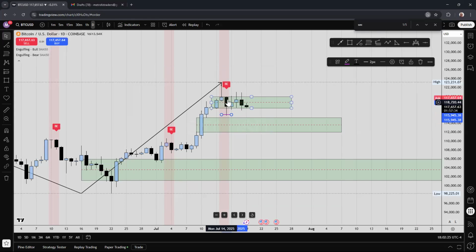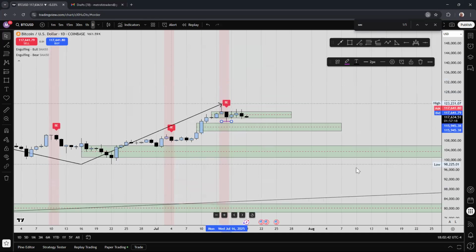Like this is a bearish engulfing candle. There's a black candle that's bigger than the previous candle heading downward. That's a bearish engulfing candle. So this red mark is telling you where the bearish engulfing candles are. Okay.